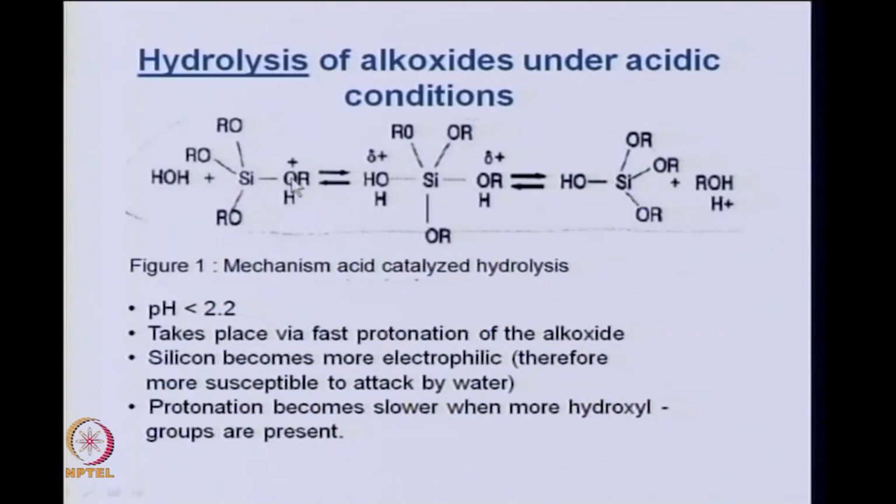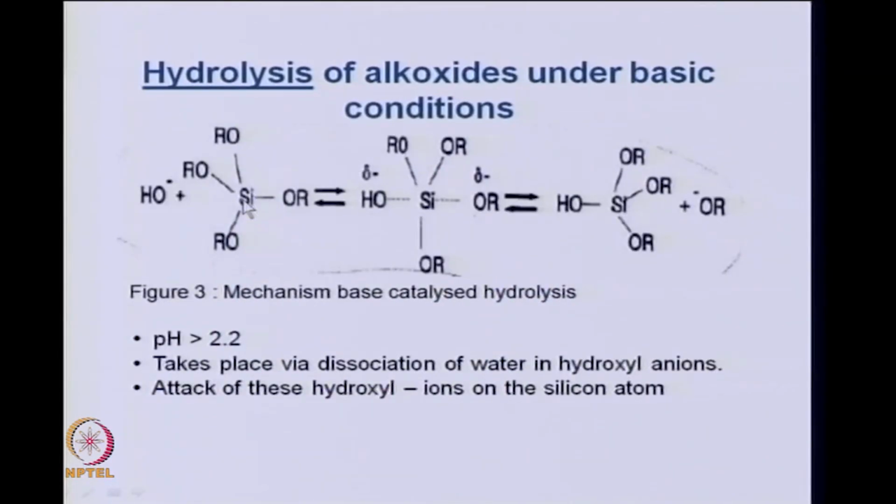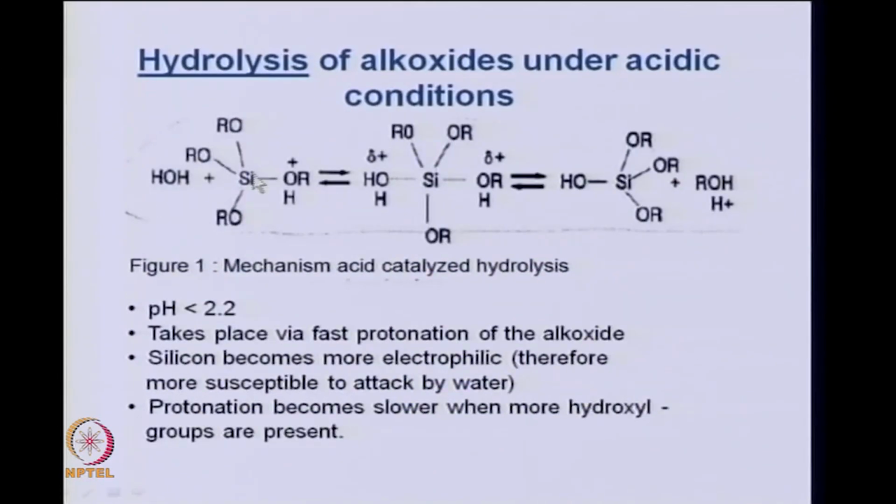So, you have first protonation, and then this water molecule reacts because now there is more electron density on oxygen here, which can react on this silicon, and then you get a delta positive charge on this water molecule, and this delta positive charge remains here, and so one alcohol group will leave, creating one new SiOH linkage.